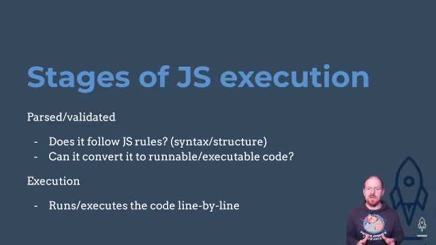The first thing it's going to do is scan your code and ask: are all the syntax things there that are needed? Or are you writing a Python script, in the Python language, and trying to run it as JavaScript? It's going to look for those things. And it's going to see, can I convert whatever you wrote into executable code? It's not actually executing it at this point.